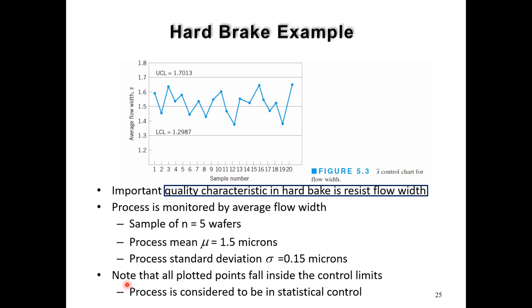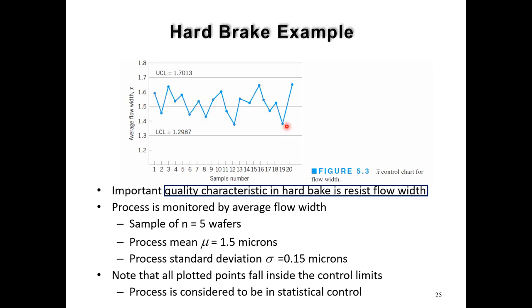Note that in this example, all points fall inside the control limits, so you will conclude that the process is said to be in statistical control. There you have the upper and lower control limits and all the points. Originally these are points, and later on you join all these points to come up with the control chart.